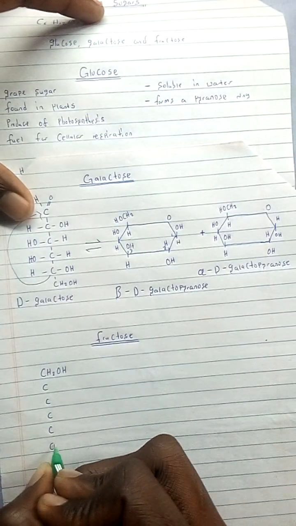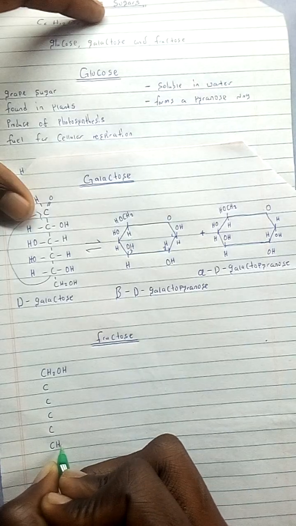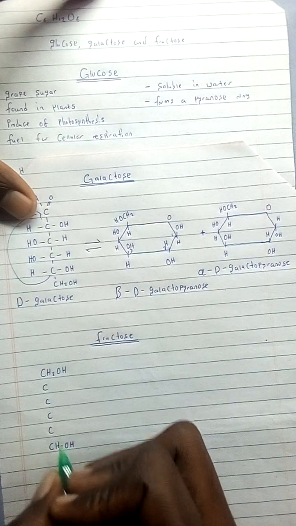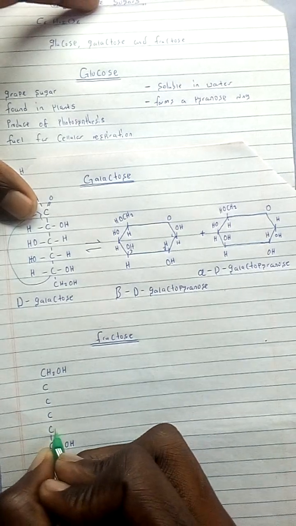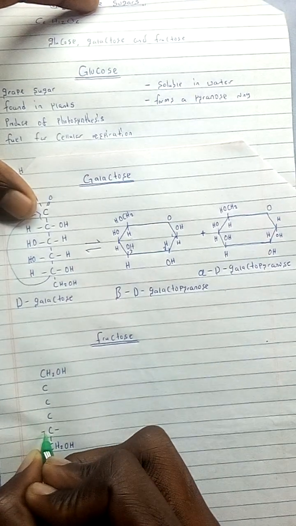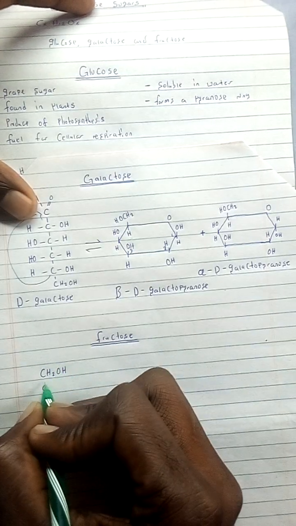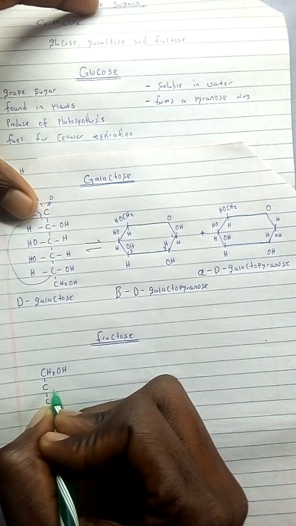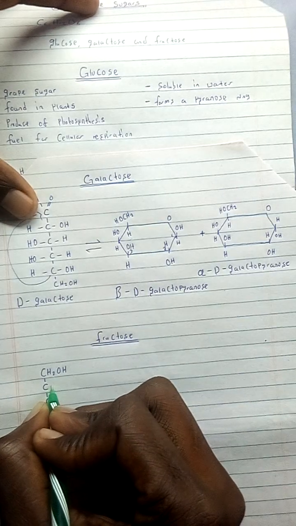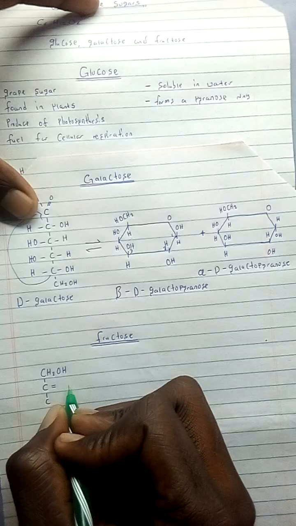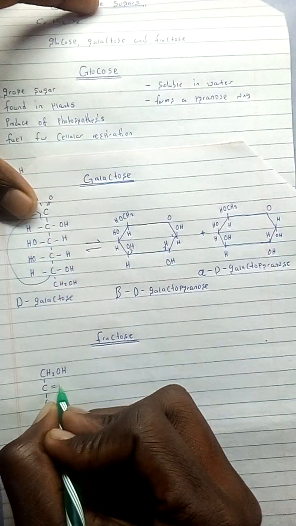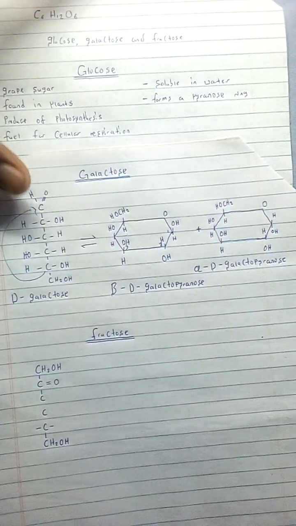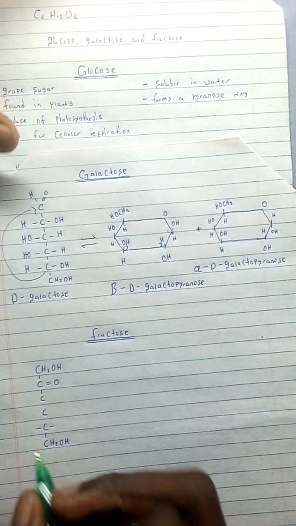And we also have this thing again. So this is fructose, guys. But its carbonyl group is not at the terminal end. That's the reason why it is called a ketone. As you can see, the location of the carbonyl group.